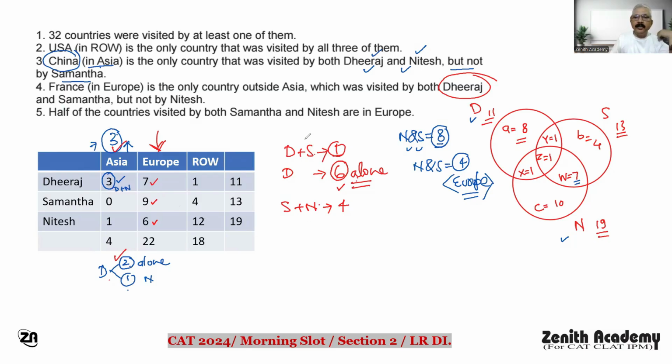One country is with Dheeraj. 1 plus 4, 5. It means Samantha visited 4 countries alone. Is it okay? 4 countries alone, 4 countries with Nitesh, and 1 country with Dheeraj. So it's 4, 4, 8, 1, 9. Okay. And now see Nitesh. Nitesh visited a total of 6 countries.